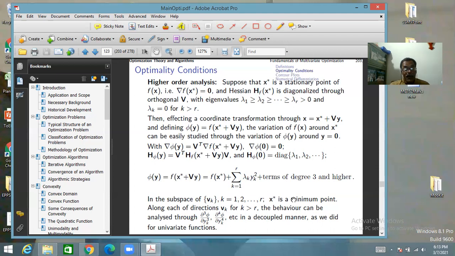Okay, for the others, you have to then consider the third order, fourth order derivatives, the way you did in the case of single variable optimization problems. Exactly like that. So now you do not need to bother about the derivatives with respect to the first r coordinates of y, only the rest, and in that also individual ones only.